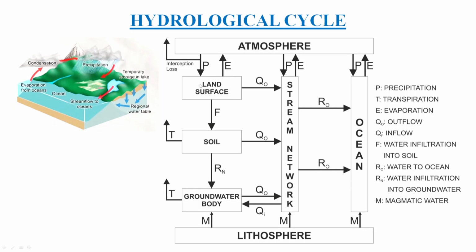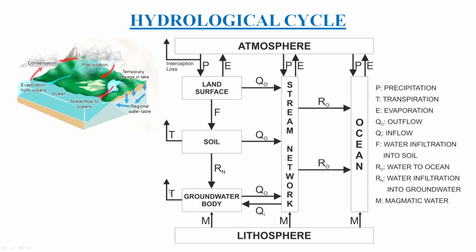Whatever is left on the land surface tries to infiltrate the soil. During that process also some transpiration goes on, and from the soil the water finally infiltrates into the groundwater body deep beneath the upper surface of the earth.